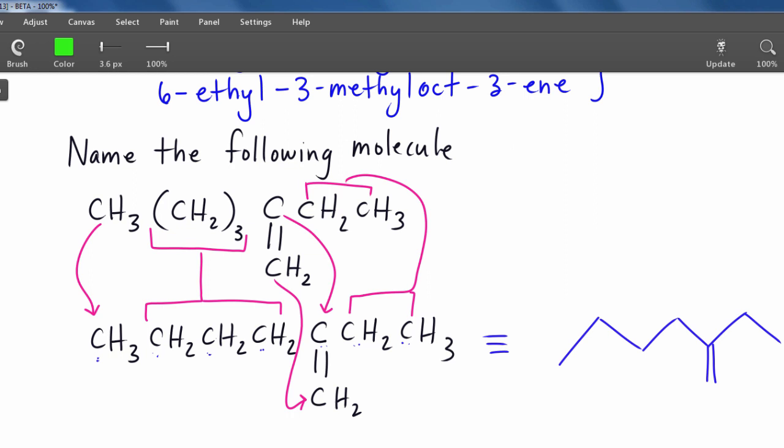So if I count 1, 2, 3, 4, 5, 6, that's a shorter chain. 1, 2, 3, 4, 5, 6, 7.